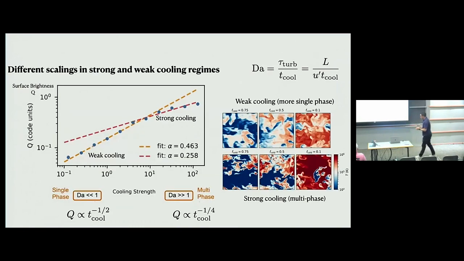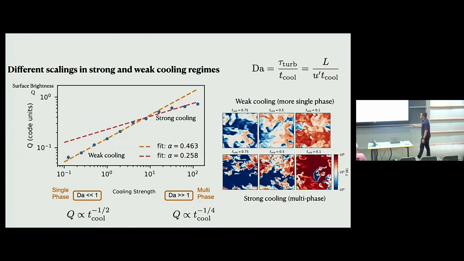And then the other interesting finding was that both the simulations I had mentioned were right. If you characterize the strength of cooling by this Damköhler number, the ratio of the eddy turnover time at the outer scale to the cooling time, then you have a strong cooling regime and a weak cooling regime.